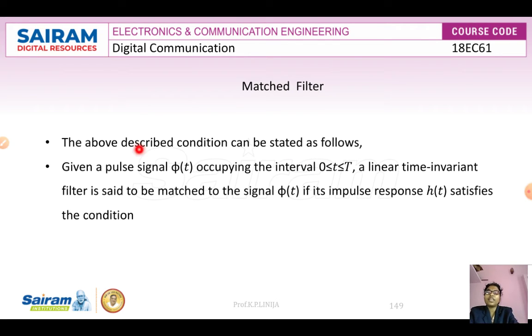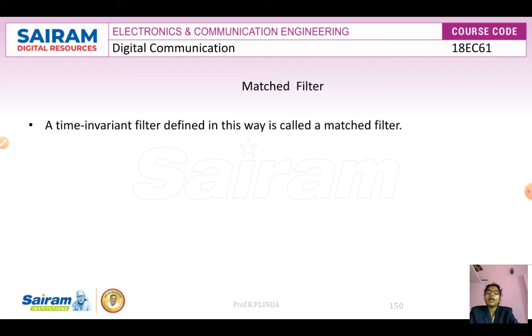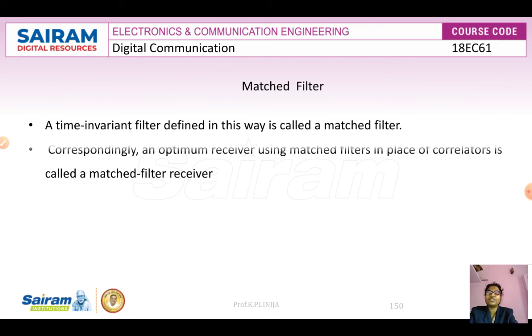Given a pulse signal phi of t occupying the interval 0 less than or equal to t less than or equal to T, a linear time invariant filter is said to be matched to the signal phi of t if its impulse response h of t satisfies the condition h of t is equal to phi of T minus t for 0 less than or equal to t less than or equal to capital T. This time invariant filter is called a matched filter.